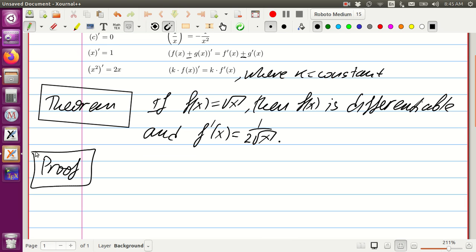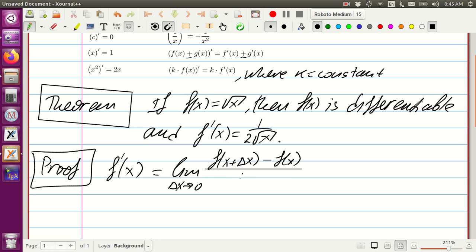So let's try to establish this rule. What would be the proof for this idea? Again, we don't have anything except the definition, so it's going to be the limit when delta x goes to 0 of f of x plus delta x minus f of x divided by delta x.